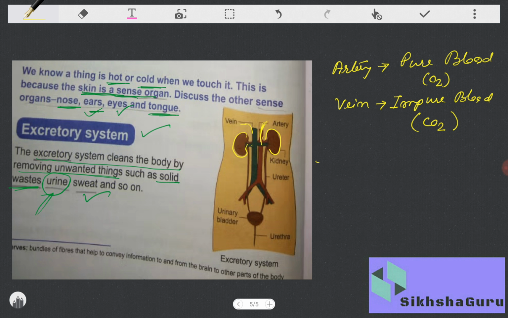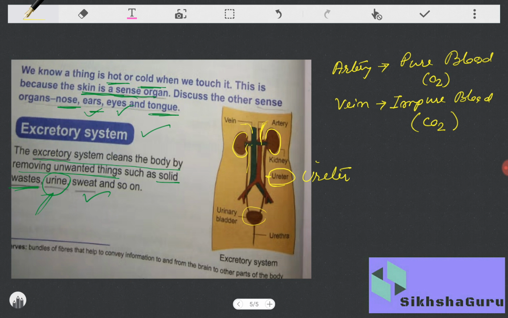So from the kidney, through this pipe, it is called the ureter, U-R-E-T-E-R. There are two pipes, they are called ureters. Through the ureter, it comes to the urinary bladder.